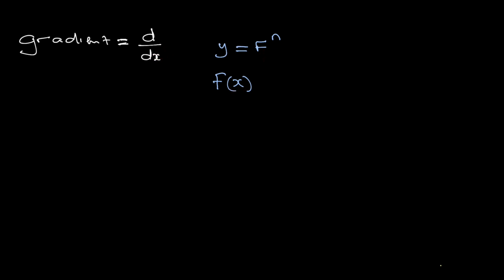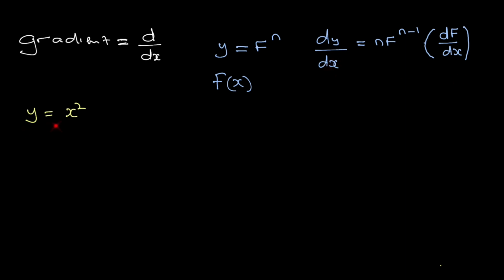We can calculate the gradient by saying dy over dx, that's the y, which is equal to calculating the gradient of a single variable. Let's give an example. y equals x squared. So f is x, n is 2. So we're going to plug this into here. So we can say dy dx, we're applying the operator on y.